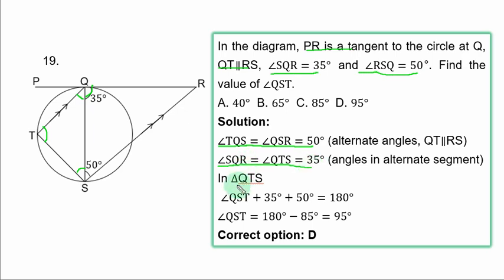In triangle QTS, if you add the three angles, their sum is 180, and in that place you have QST that you are asked to look for. So QST is equal to 180 minus 85. If you transfer sum of these two angles, and you have 95 degrees. D is the correct option.